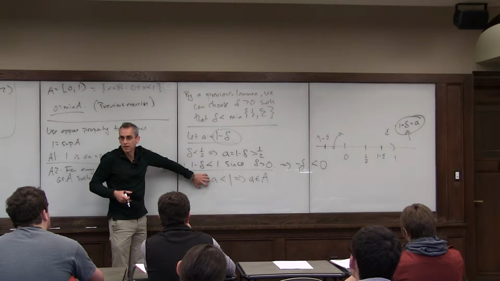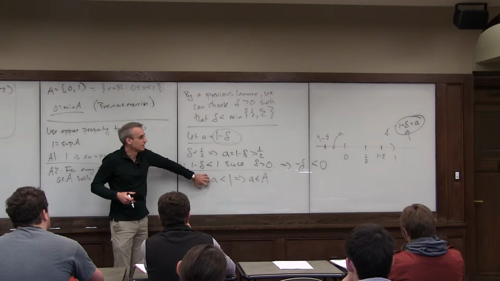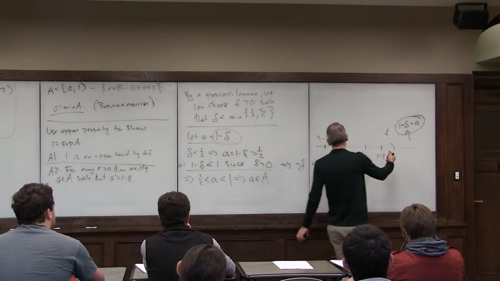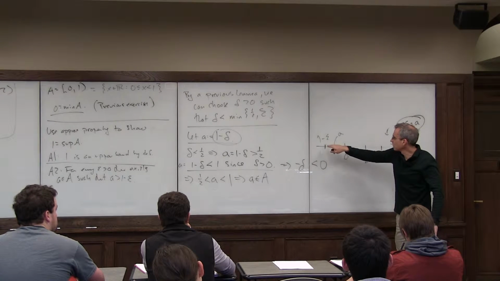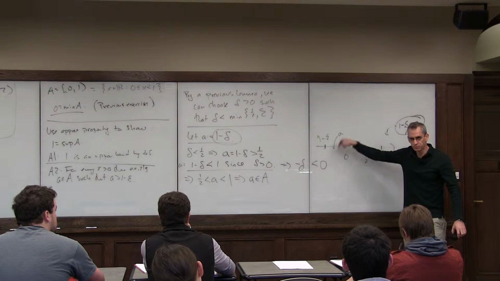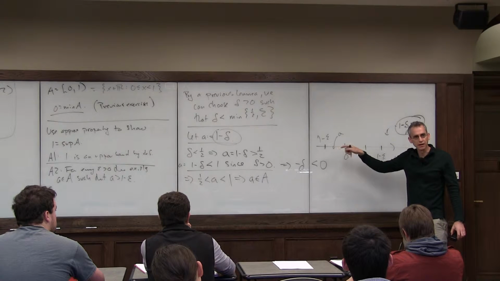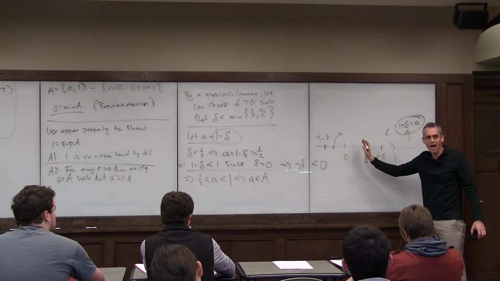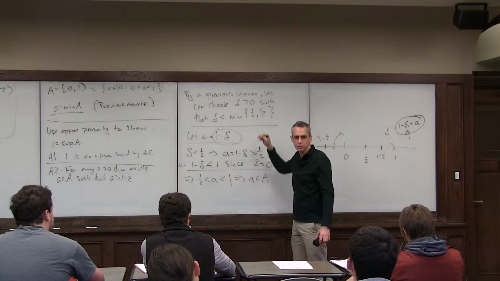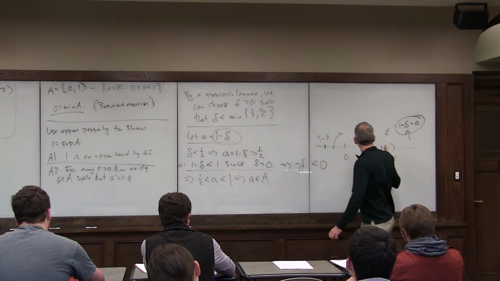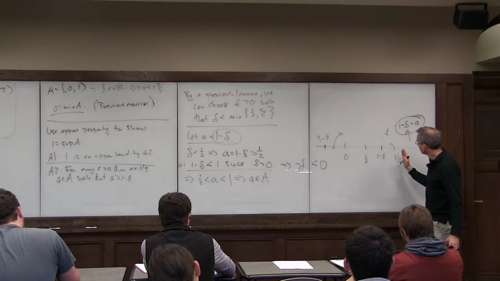Might not be, actually. That's where I said you might overshoot, right? Epsilon might be so big that even when you pick it in 1 minus epsilon, it's less than 0, so it doesn't show up in there. So I've dragged the whole thing back by requiring that delta be smaller than a half. So when I go backwards, I don't go this far, I end up somewhere in here.